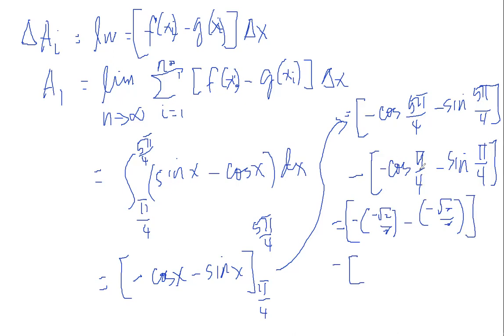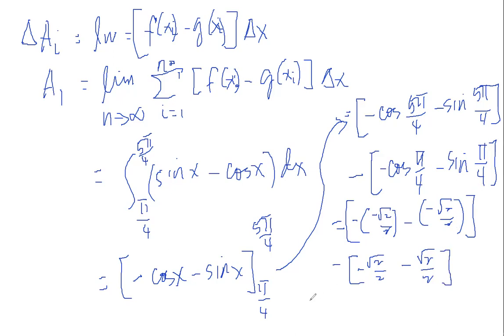Cosine pi over 4 is equal to square root of 2 over 2. So that's negative square root of 2 over 2, right? Minus, what is sine pi over 4? Sine pi over 4 is square root of 2 over 2 as well, right? Okay, sine pi over 4, yeah, correct.